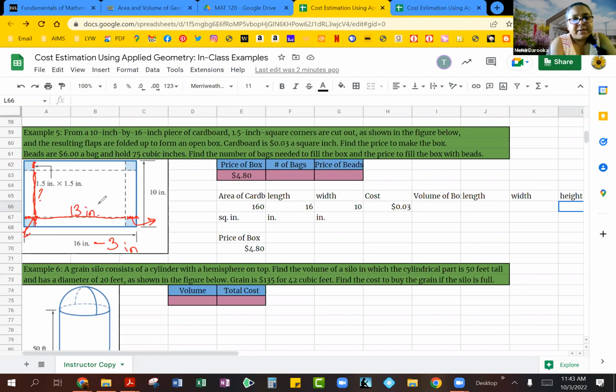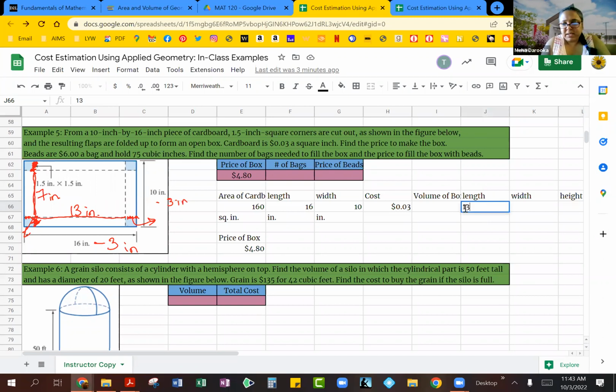And then in that same way, we had a total of 10 inches. But then again, when you take the 1.5 out from the top part, the 1.5 from the bottom, you subtract 3 inches from that, which will of course end up giving you 7 inches for the width.